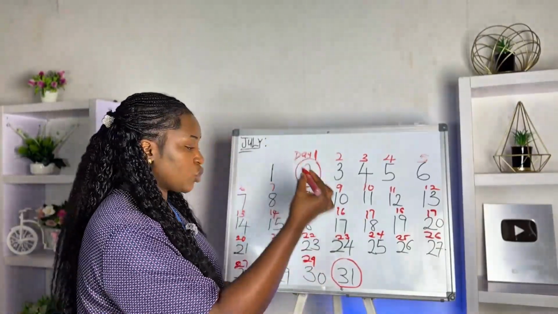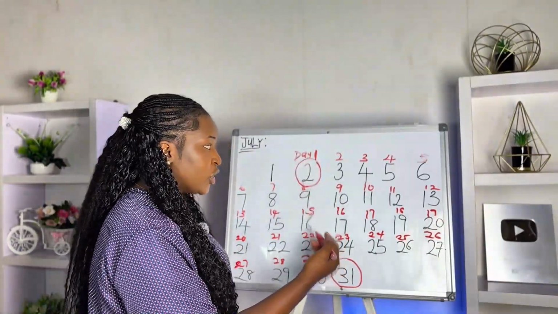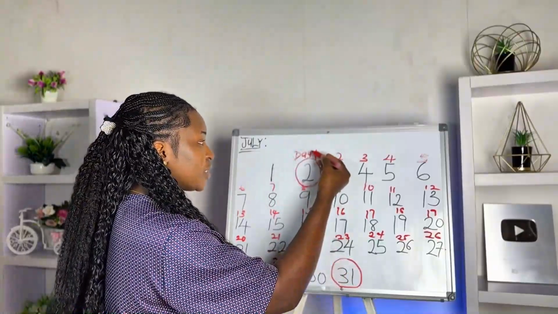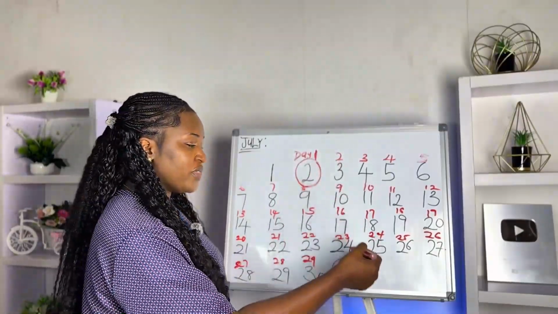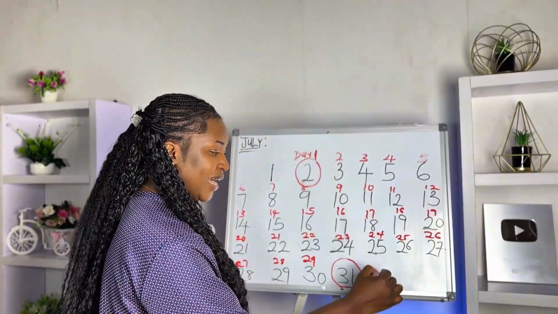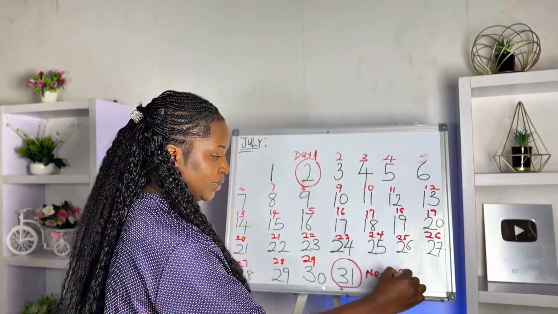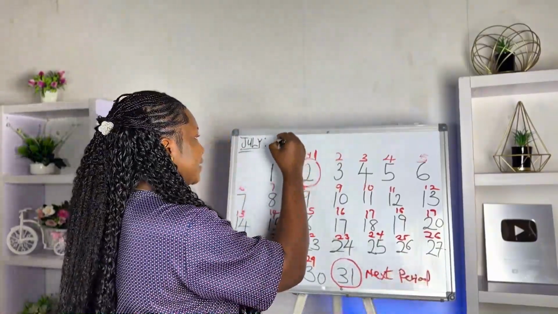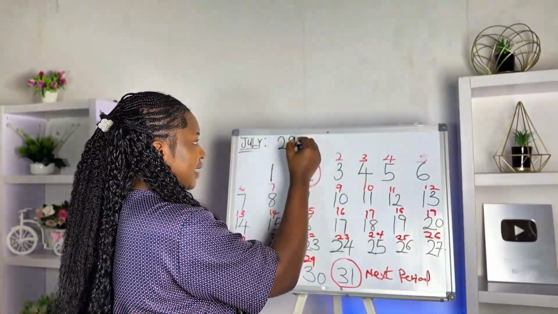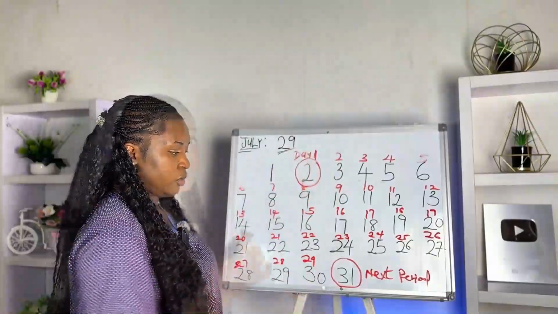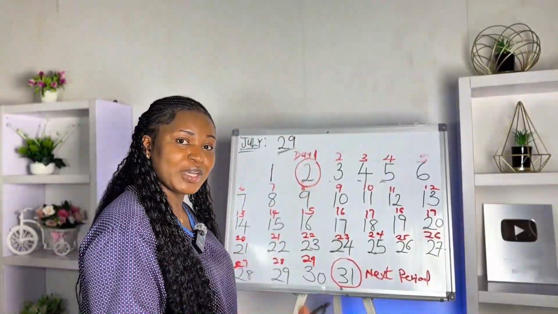So this is a 29-day cycle length. It's the number of days from the first day you see your period to the day before your next period begins. That is your cycle length. I believe you now understand what your cycle length is.